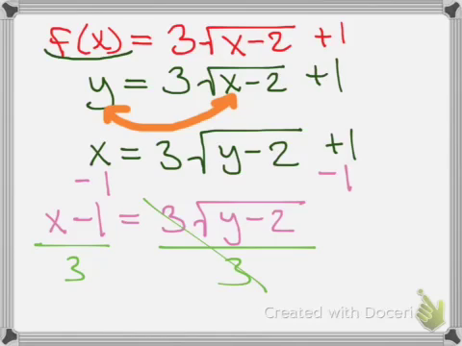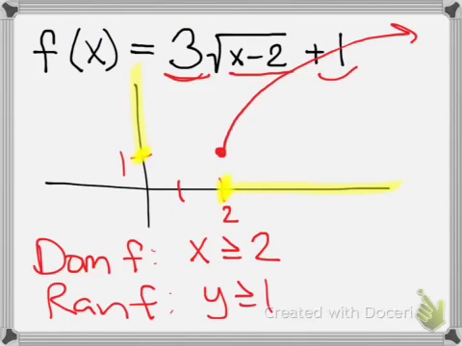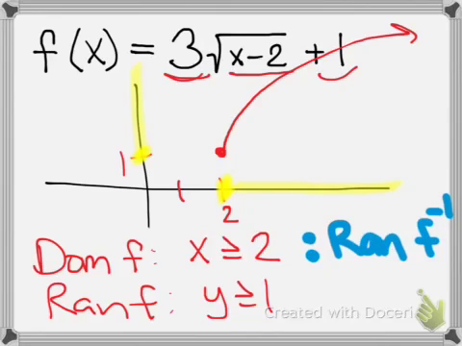Okay? So, well, what's the adjustment? How do I know which half to take? Well, remember before I said we were going to figure out the domain and the range? Well, the thing that relates the two together is that the domain of f becomes the range of f inverse, and the range of f becomes the domain of f inverse.